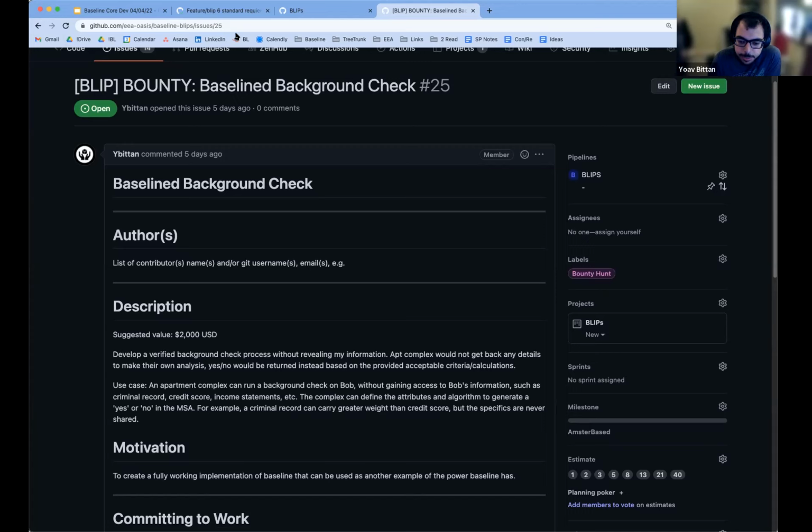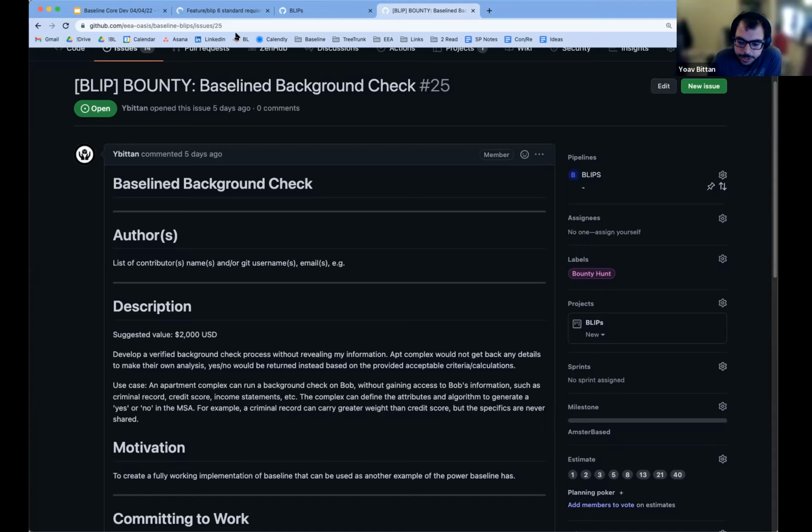So the baseline implementation here is to have some sort of algorithm that would show to the complex just a yes or no: yes, you can rent to him, no, you shouldn't rent to him, based on some sort of MSA that's agreed by the apartment as well as anyone who is applying to lease with this apartment.